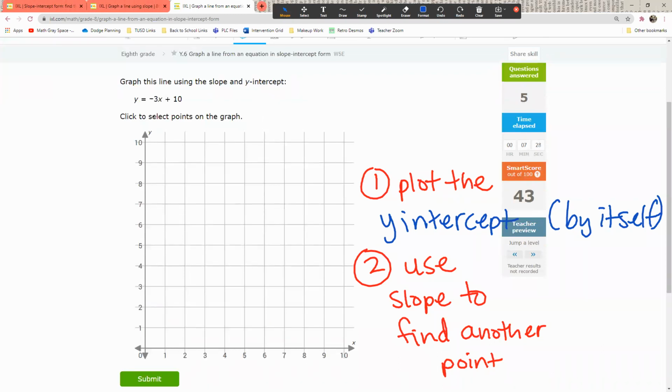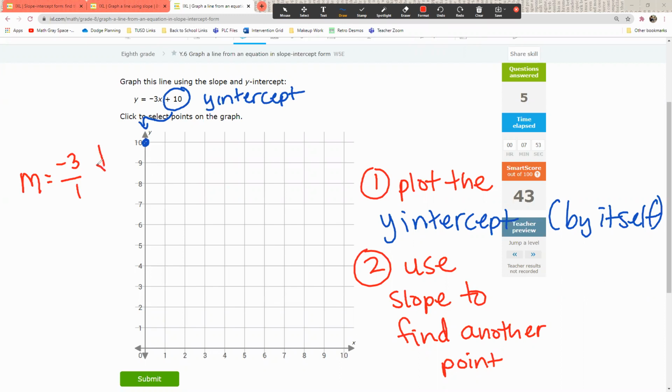So let's write this one down a little more slowly in case it's not making very much sense to you. This is the number by itself. So this is the y-intercept. It's where it crosses on the y-axis. So I'm going to put this here. I'm going to mark the number positive 10, which is there, obviously. And then my slope is negative 3, which is the same as saying negative 3 over 1.